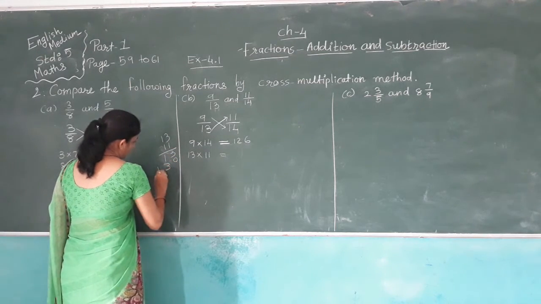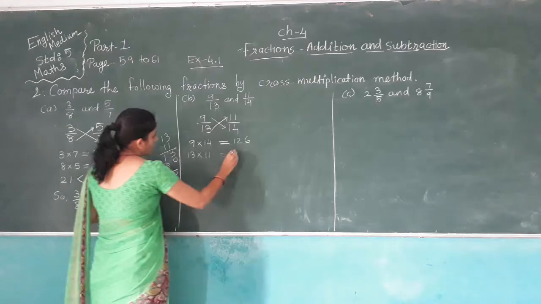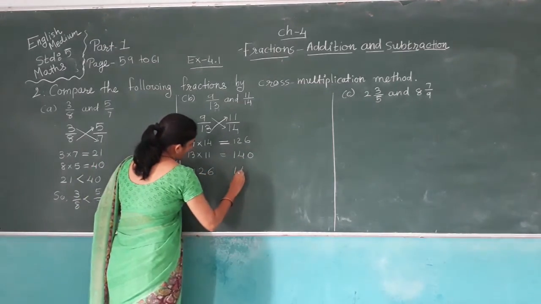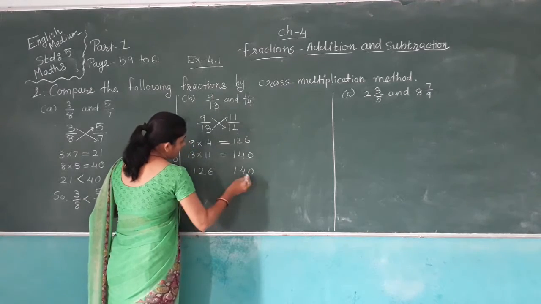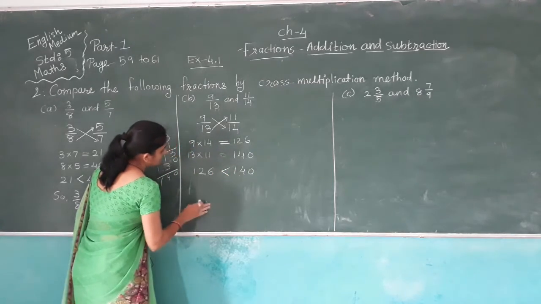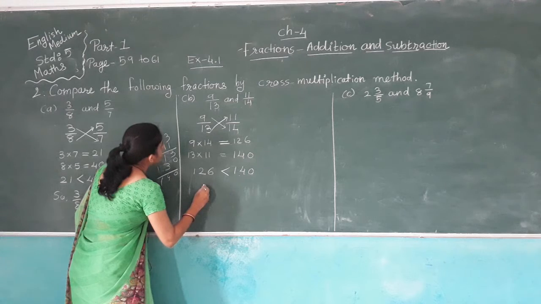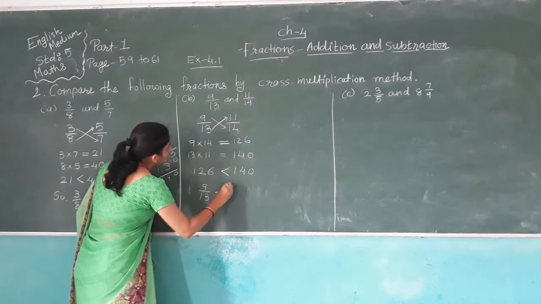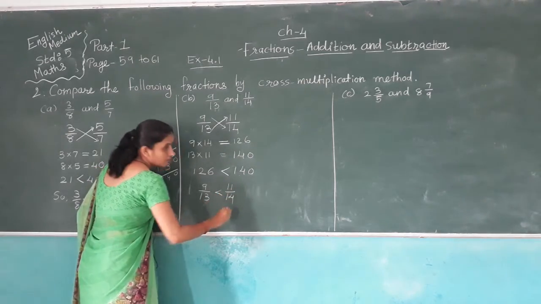Here 3 and 1, 0, 4, 1, 114. And 126 and 114, this one is greater. That means you keep the less than symbol. So 9 out of 13 is less than 11 out of 14.